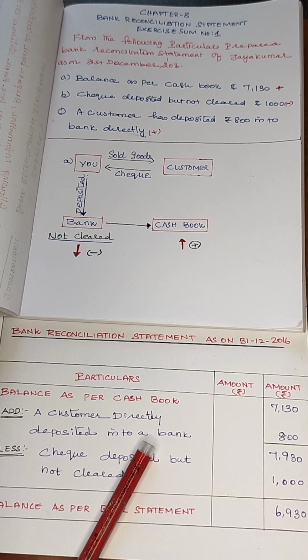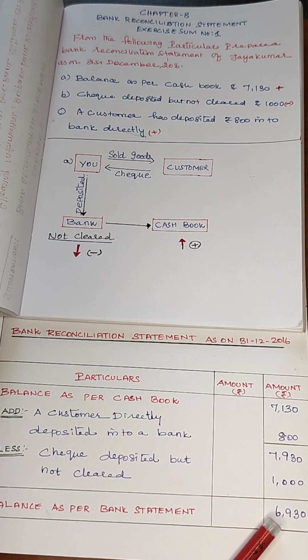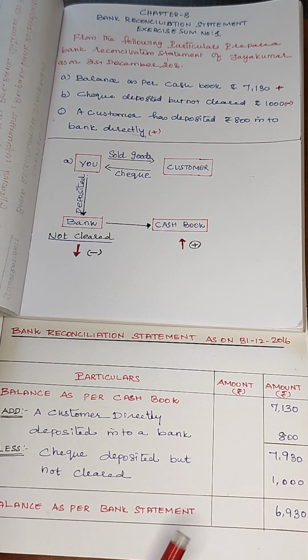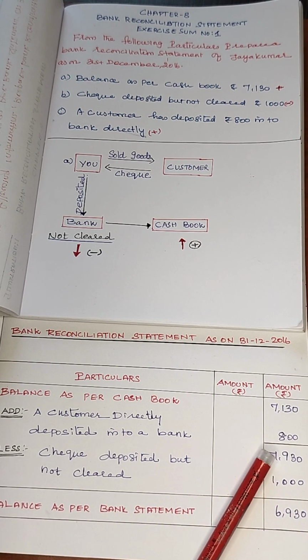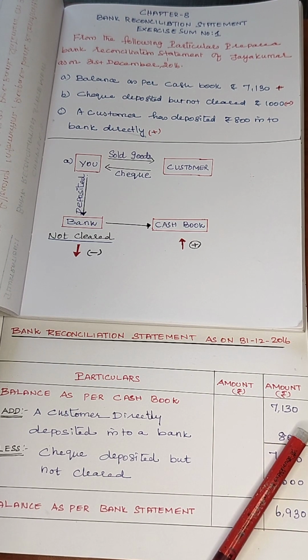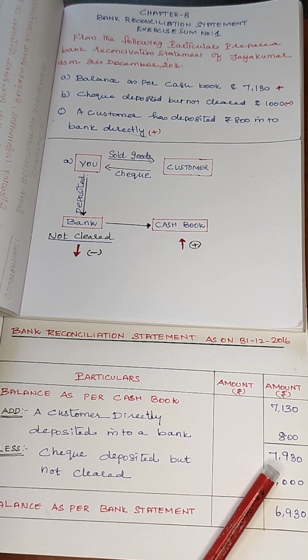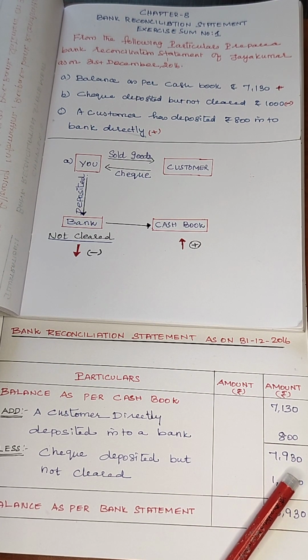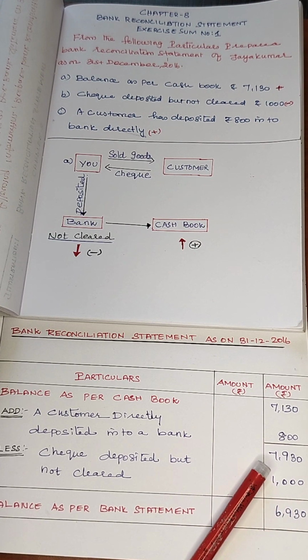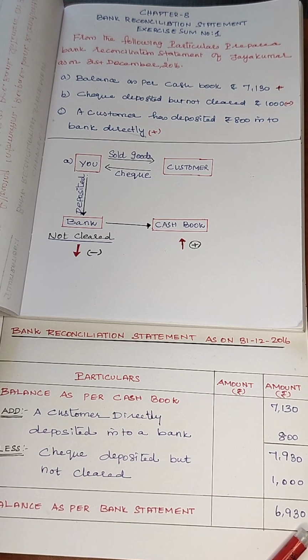Now we need to find out the balancing figure, that is the balance as per the bank statement. For that we have to add 800 rupees with 7,130. We got 7,930. Then we have to subtract 1,000 rupees from 7,930. We got 6,930. So this is the balance as per the bank statement.